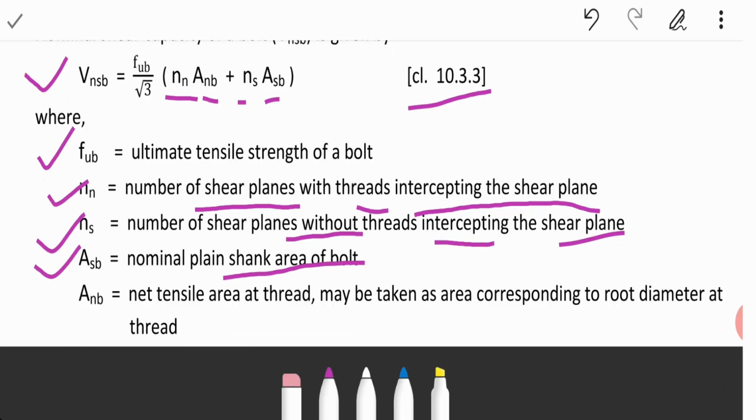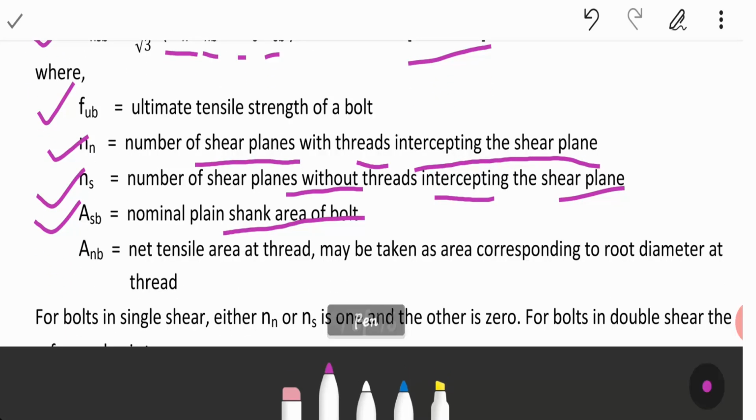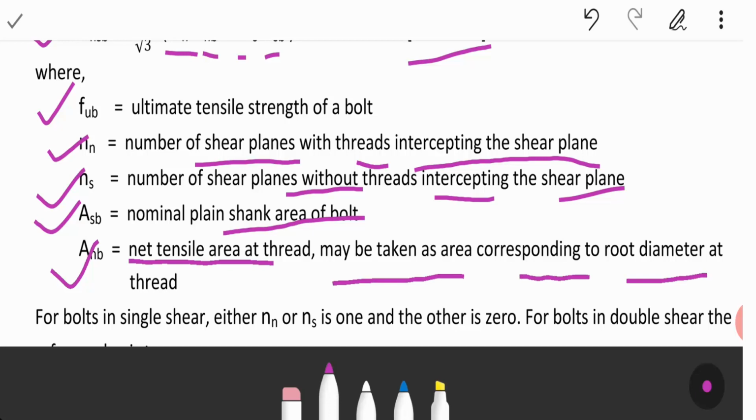Right? And Anb is the net tensile area at thread, which may be taken as the area corresponding to the root diameter at the thread. Right?